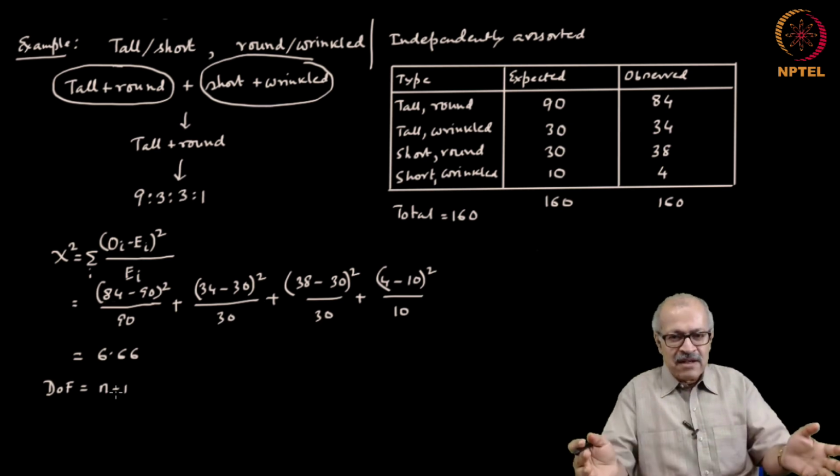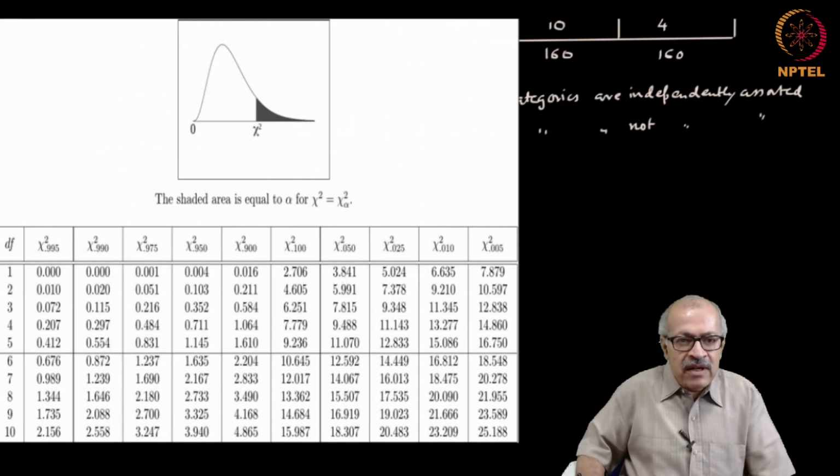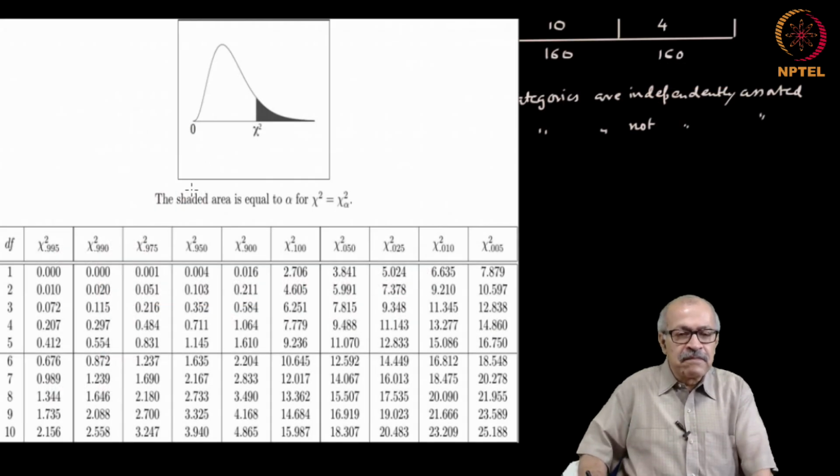Now, let us see how we would read from the table. Here you can see the chi-square table, and for each degree of freedom you have a row, and what is tabulated is the area beyond a certain value of chi-square.